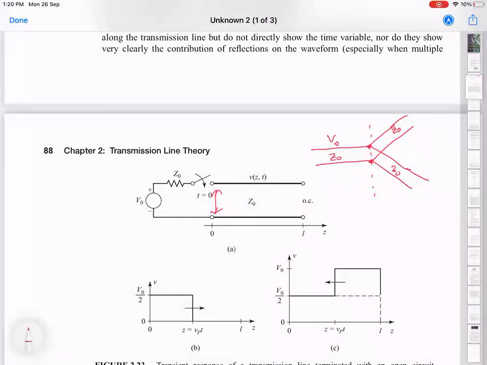Like, will they go straight through from Z0? Why? Because they are in parallel. Exactly. So you have incoming Z0, and at that point, the combined impedance of these two transmission lines is actually Z0 by 2 because they are in parallel. That means there is an impedance mismatch there, so you're going to get reflection.